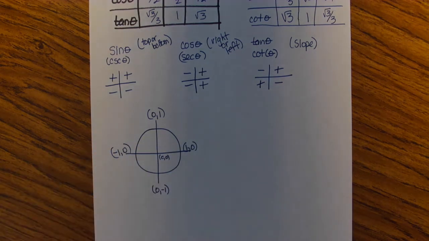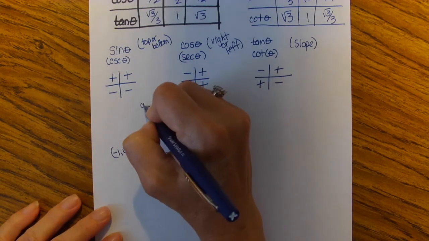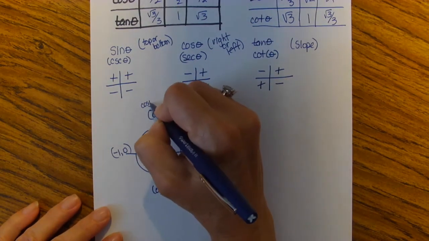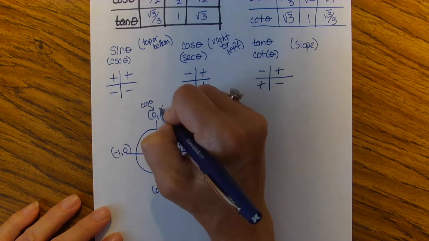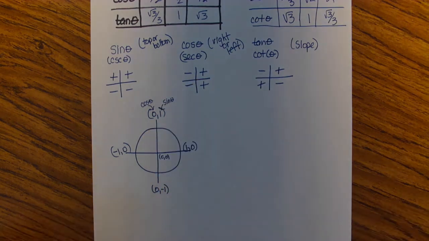A lot of times your mind will play tricks on you when you do it in your head. And if you have it written down, you won't switch your ones and zeros. And we don't want to do that. And we know that that is x, so it's cosine. That is y, so it's sine. So it's easy to pick them off. And of course, tangent means slope.